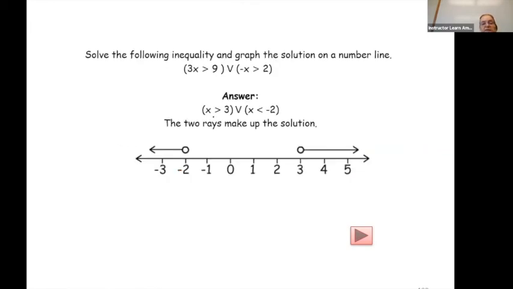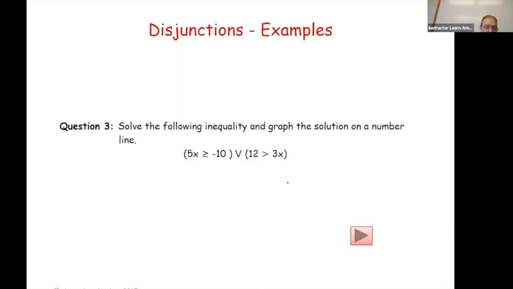So our solutions, x greater than 3 or x less than -2, remember these two points are not included. The two rays make up the solution, and again we have disjoint sets. They do not overlap, but both of them are part of the solution set. Both rays make up the solution set.